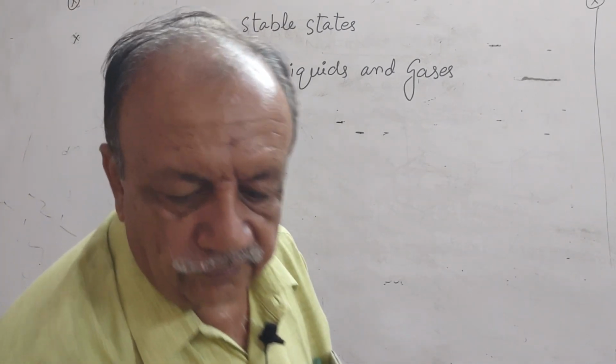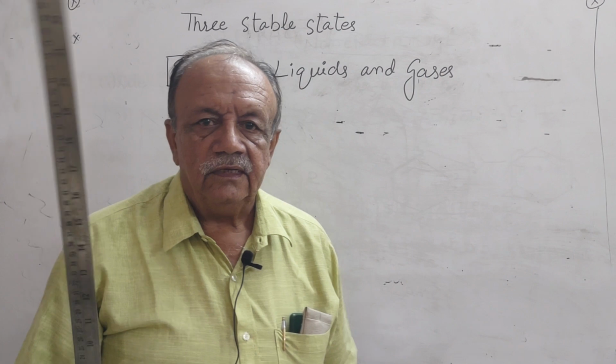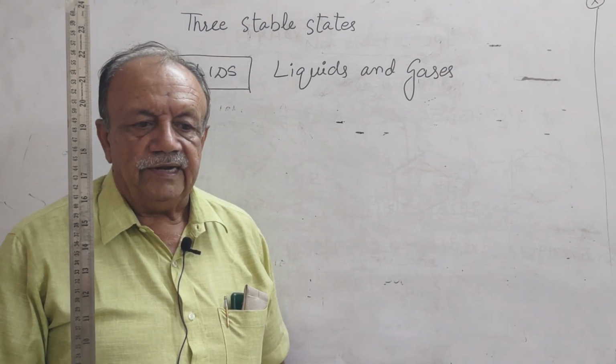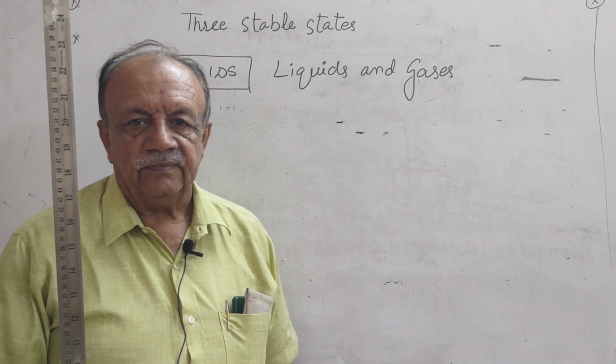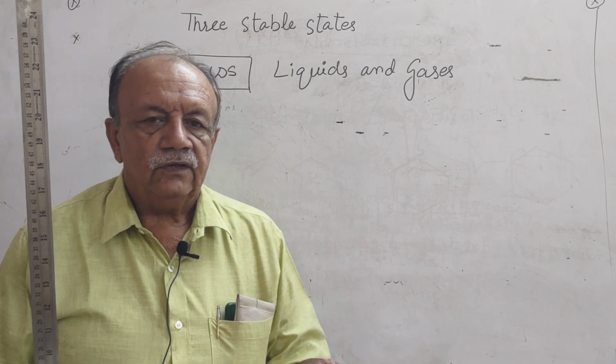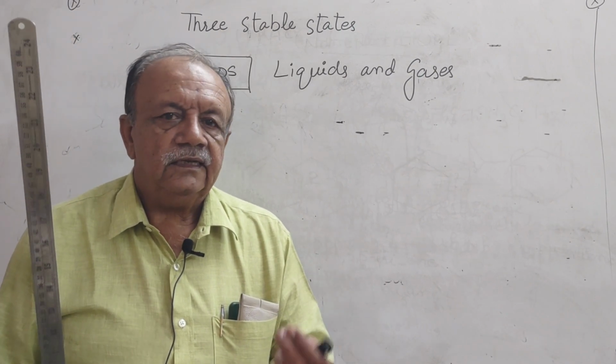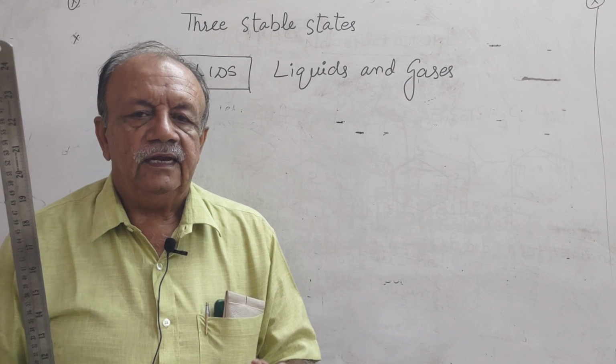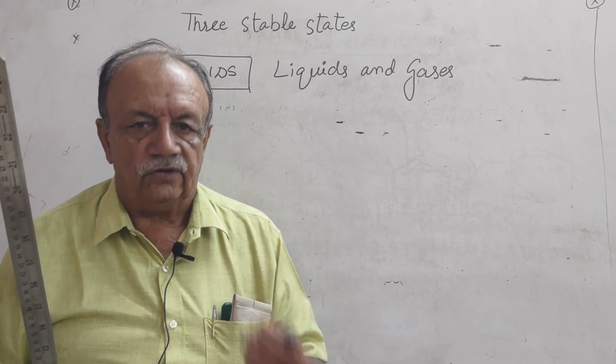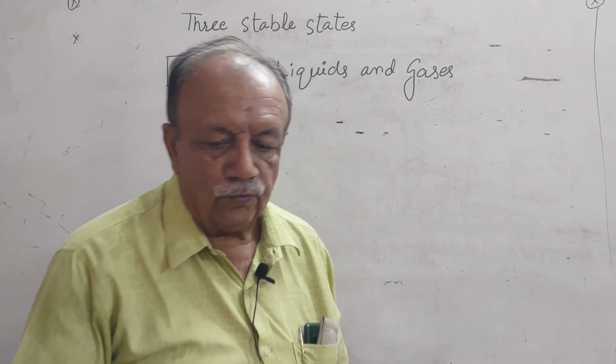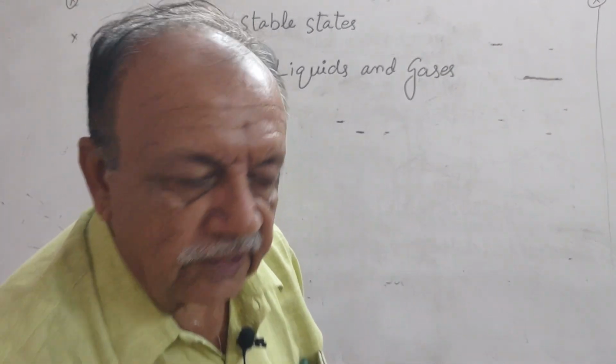All of you know this is a solid, made up of iron. You have seen gold jewelry, silver jewelry, which are all solids. Now, what is a solid?